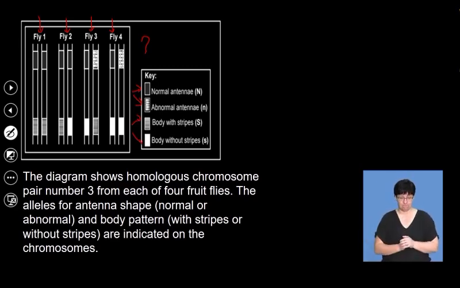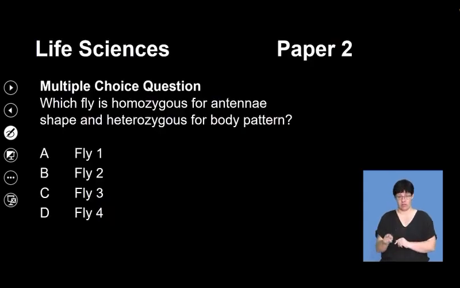So again, referring to the question, let's identify the following. Which fly is homozygous for antennae? Again, the word homozygous, you should understand by now that they have both the same alleles, and heterozygous for body pattern. So you've got to identify which fly is homozygous for antennae and heterozygous for body pattern.